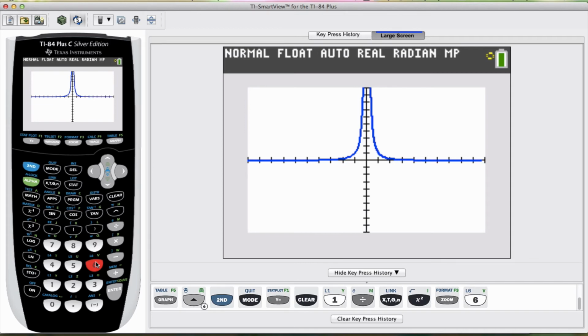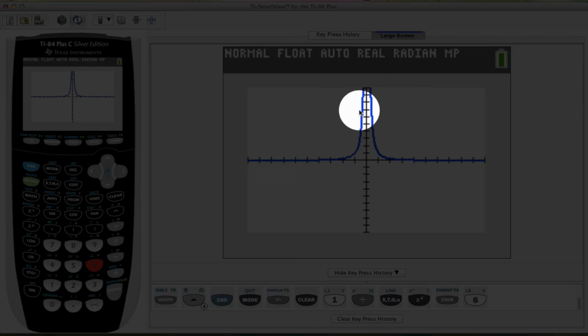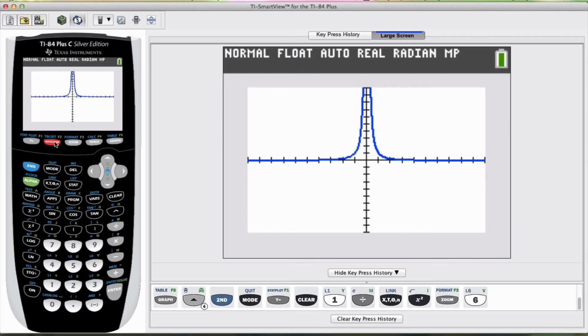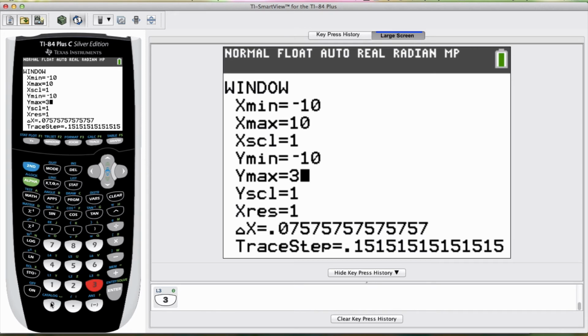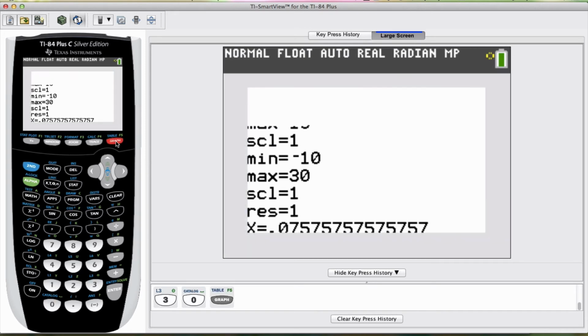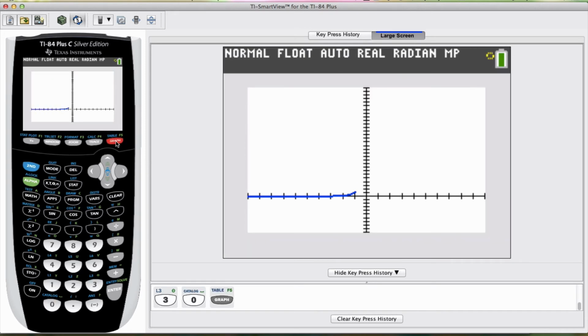And I noticed some weird things here. Okay, as we get close to an x value of 0, I can't really tell what the height is. So some things that we might do, I can press window and I can change the window. So maybe it's reaching a height that I just can't see. So what if we made the y max 30 and I graphed that?